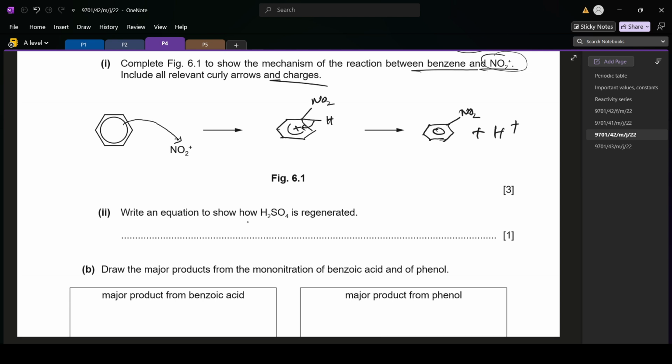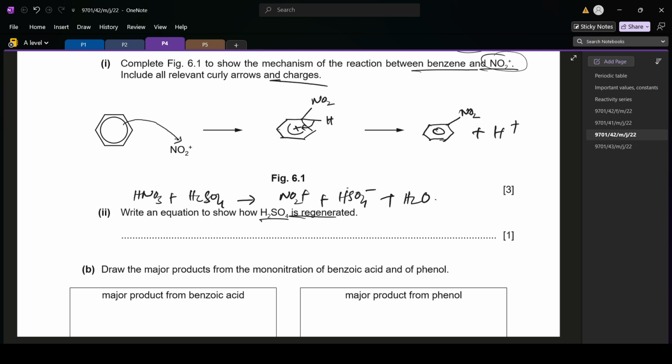Write an equation to show how sulfuric acid is regenerated. When nitric acid reacts with concentrated sulfuric acid, they form the NO2 plus electrophile plus HSO4 minus plus water.